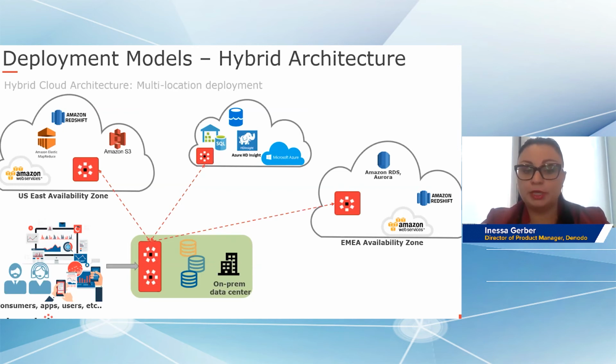It's going to propagate relevant query information to other Denodo instances running close to the data. And then the local Denodo instances are going to get the data in real time in an optimized fashion and propagate the results back. So this enables me to reduce the latency as well as reduce the cost of data query and data propagation across the network.